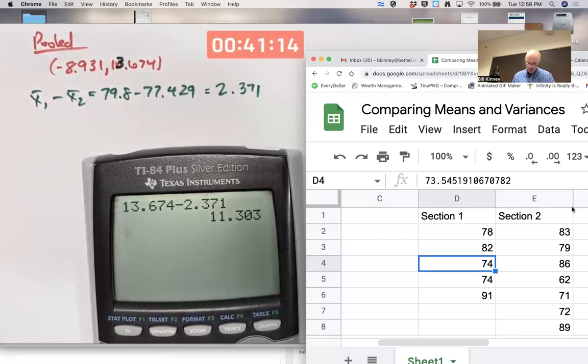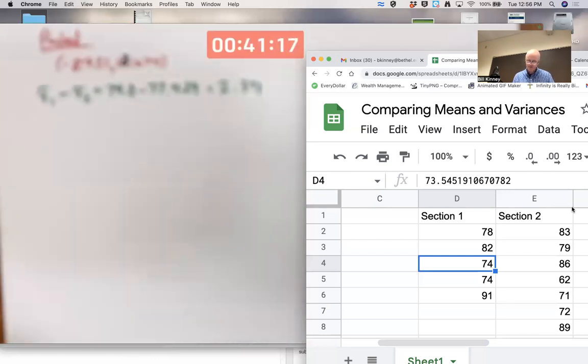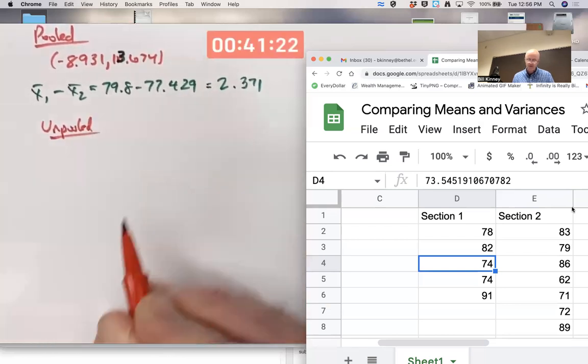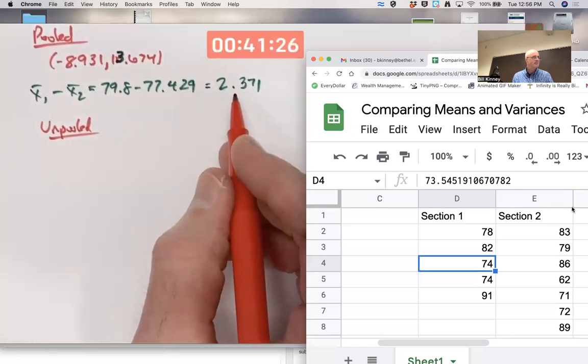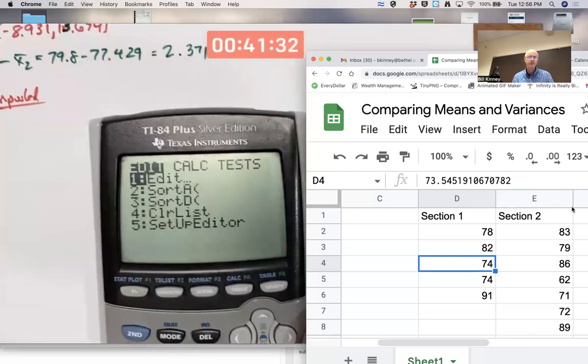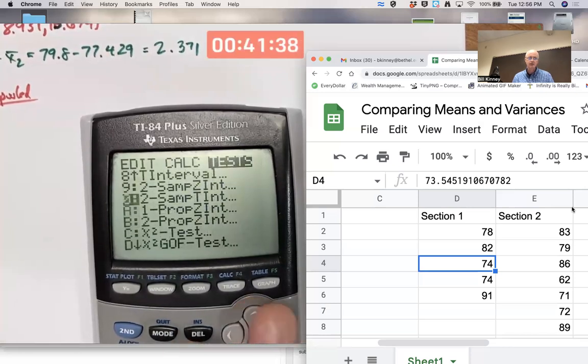What if we did not pool? Unpooled. It's the same point estimate, but we get a different margin of error. Go back to the stat menu. Go to tests, 2-sample t interval.